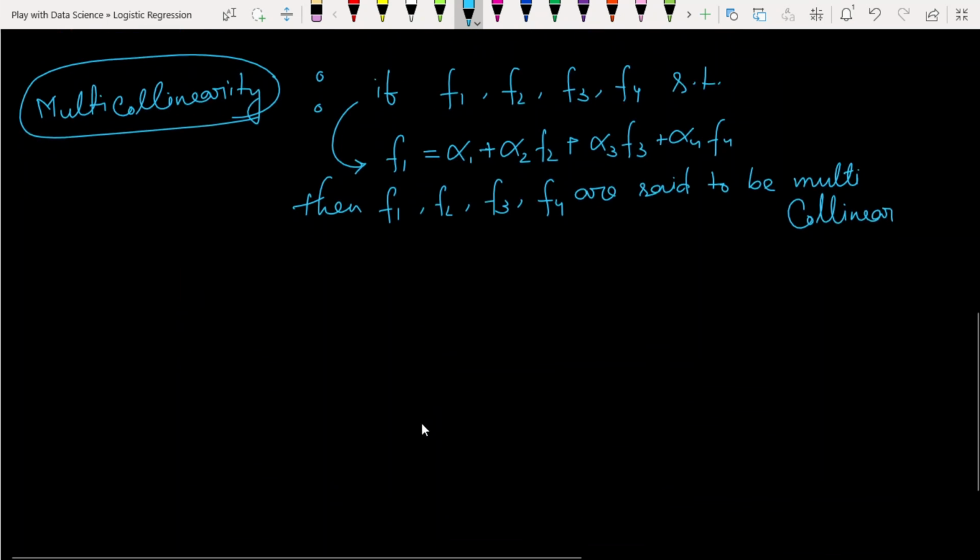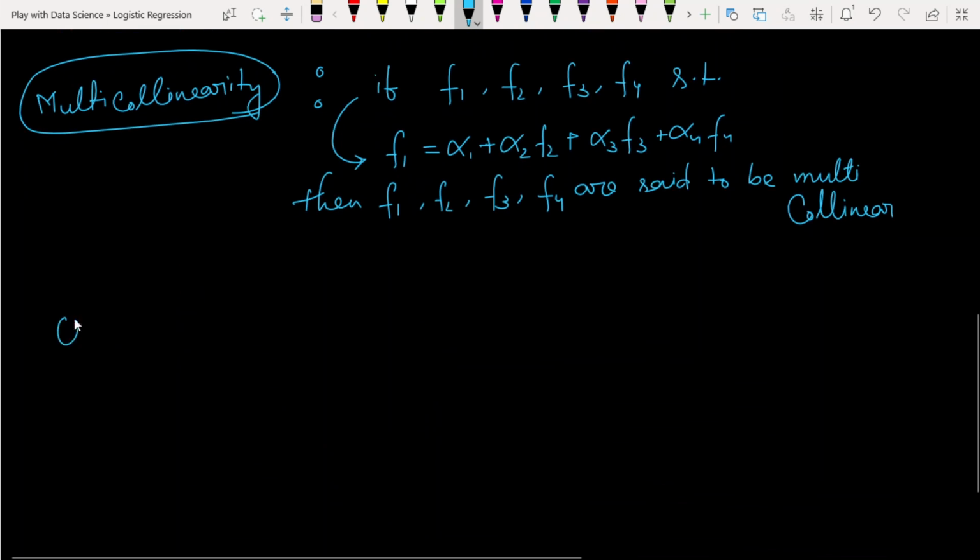Okay, now the main question is: why is the absolute value of wj, the weight, not useful when our features are not linearly independent? What does that mean? If they are not linearly independent, it means the features are collinear.